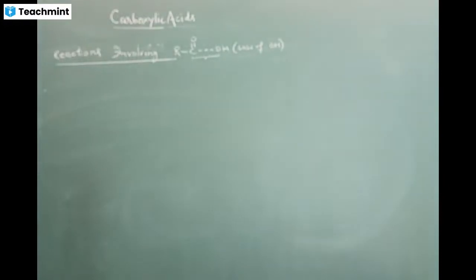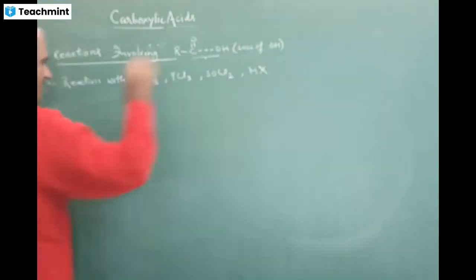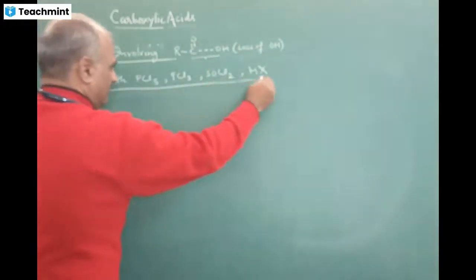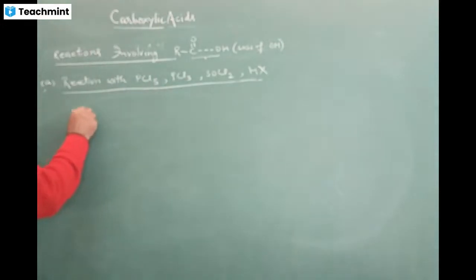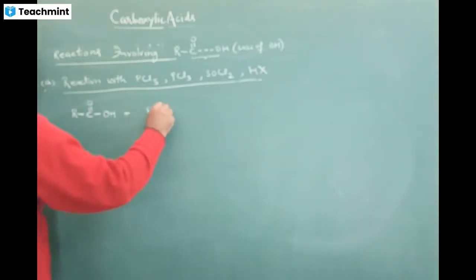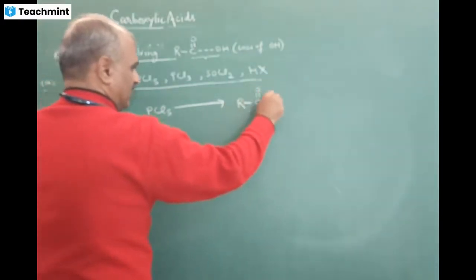Okay. First reaction of this category is reaction with PCl5, PCl3, SOCl2, HX. ये सारी, these all we have already learned somewhere. तो बड़े कंफर्टेबली आप इनको कंप्लीट कर सकते हो. कैसे? कार्बोक्सिलिक एसिड प्लस PCl5 टू गिव OH. लॉस होएगा, OH को रिप्लेस कर देगा Cl.